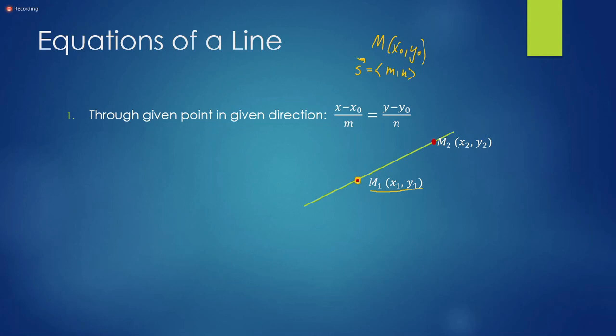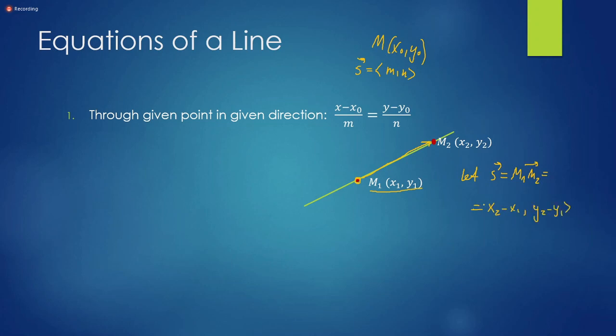But where do we get the vector? Well, we can use the vector m1, m2, because it does point the direction. So let the direction vector be the vector m1, m2, that is, x2 minus x1, y2 minus y1.